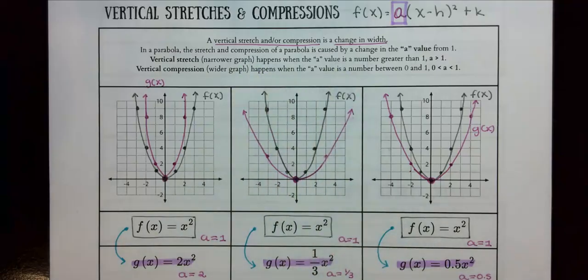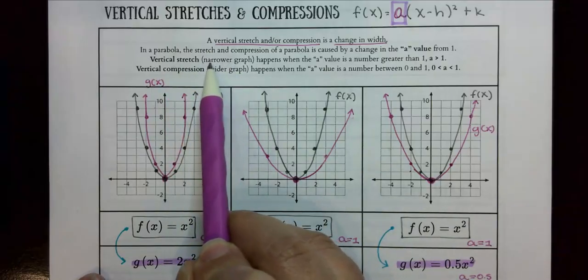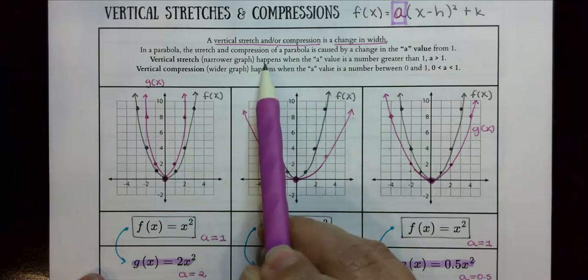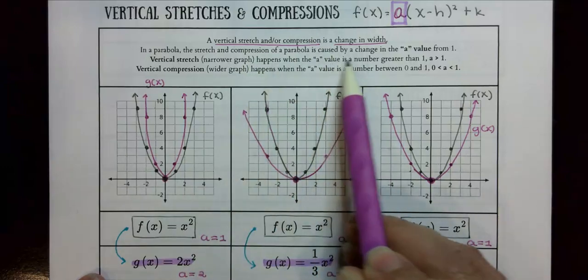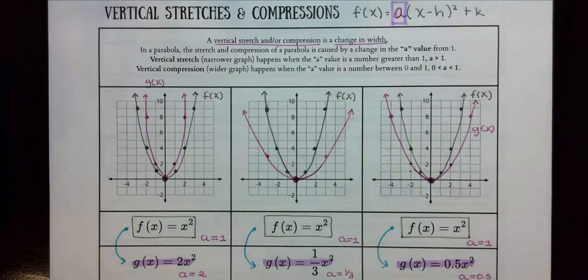Notice that there are specific numbers that will make our graph thinner, and specific numbers that will make it wider. If we're going to make our graph narrower or thinner, our a value is a number that's greater than 1, and that can be anything from 1.5 to 3, 4, 5. All those numbers are greater than 1.